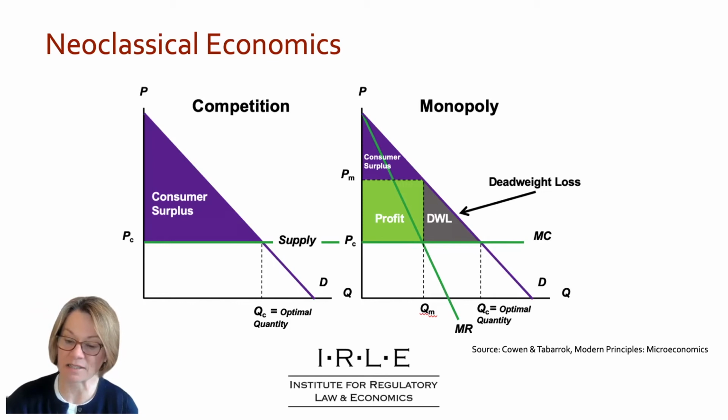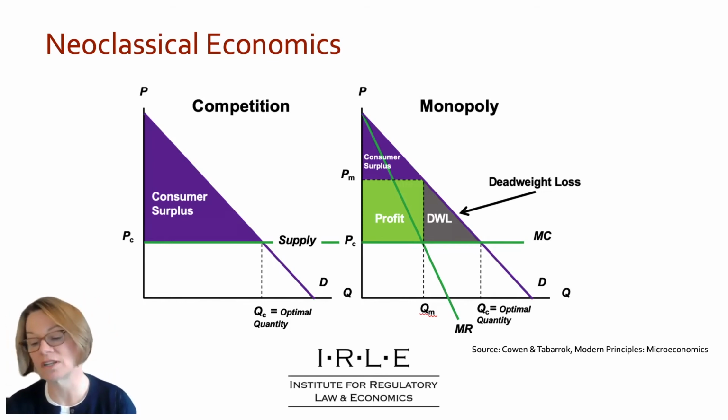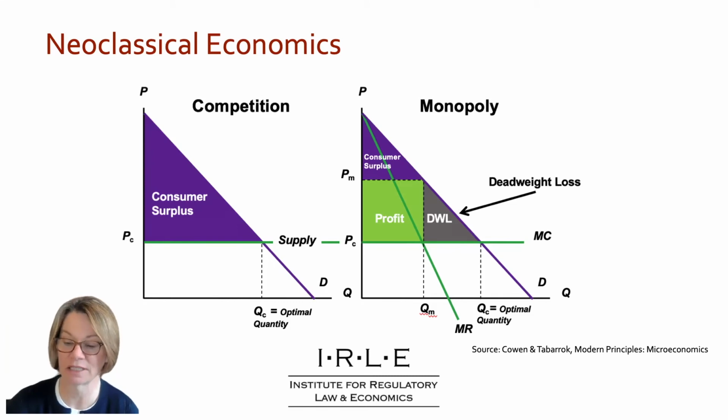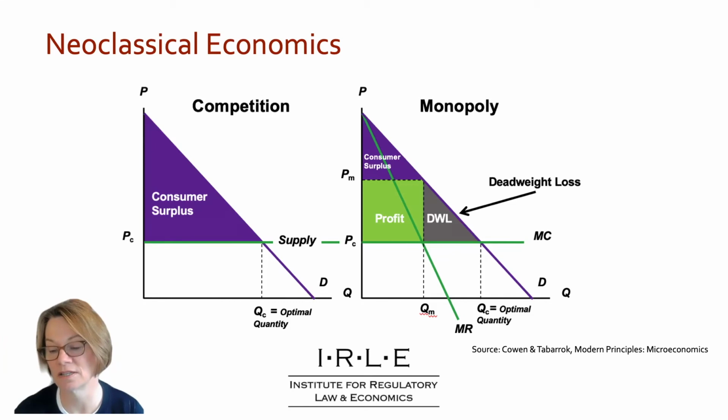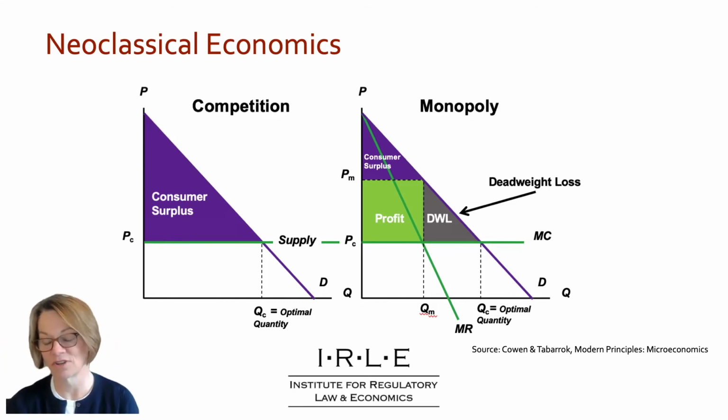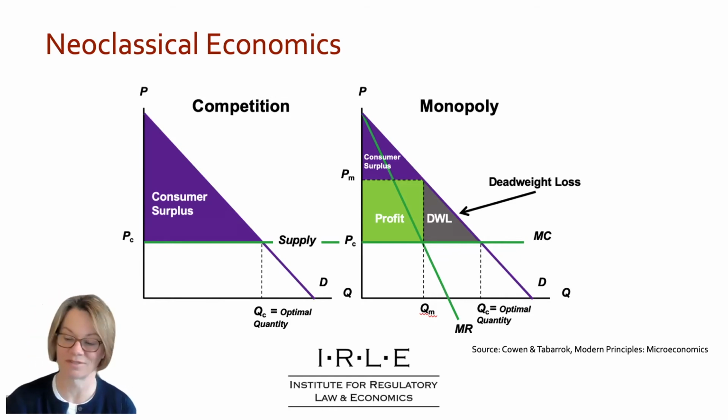In this case, the price that maximizes profits is one where there's a lower quantity sold compared to the quantity you would get in the competitive model, and a higher price is charged. So comparing the two, you get a higher price and a lower quantity in the monopoly model with a single seller. You still get some consumer surplus for consumers who are willing to pay at least the market price that they have to pay, PM.